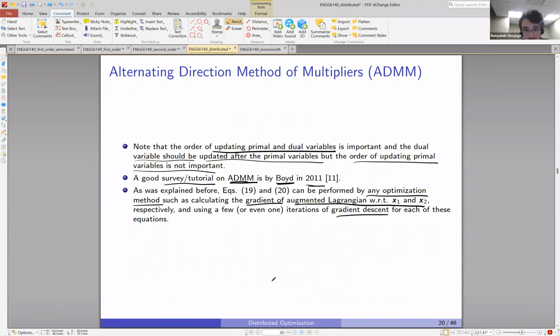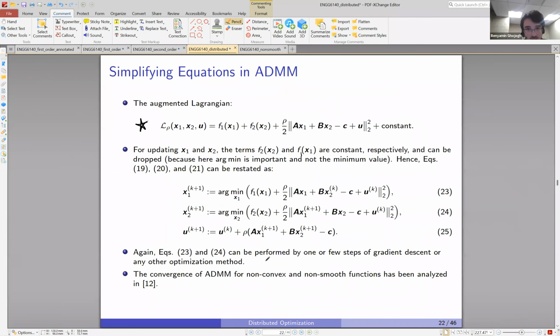When we are updating x1, the term f2 of x2 is a constant and can be dropped. For updating x2, the corresponding term is constant and can be dropped. So the constant is dropped. For minimization with respect to x1, this is constant and dropped here, so only these two terms are left.